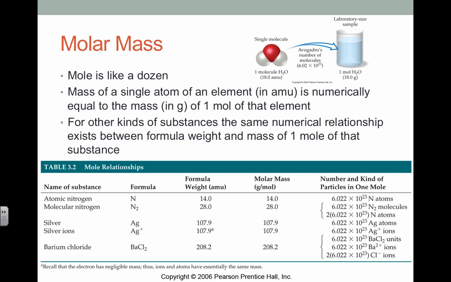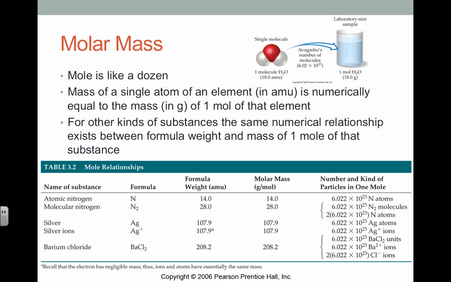Now, I can have a dozen cars and a dozen donuts, right? The number of them are the same, but they don't weigh the same. Similar to atoms, I can have a mole's worth of hydrogen and a mole's worth of lead, but they do not weigh the same. They have different AMUs, so that's why the mass has to be considered, not only the amount.